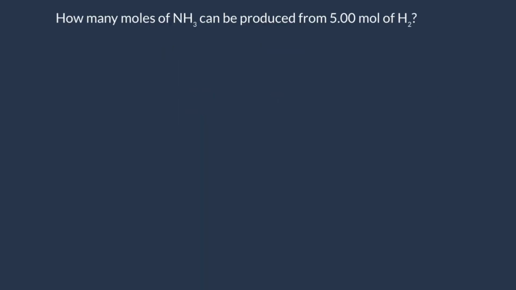Now the given question is: how many moles of NH3 can be produced from 5 mole of H2? Then first point, you have to write the balanced equation. So now nitrogen plus hydrogen gives rise to NH3. The balanced equation is here, 3 mole, here 2 mole, means this is a balanced equation.